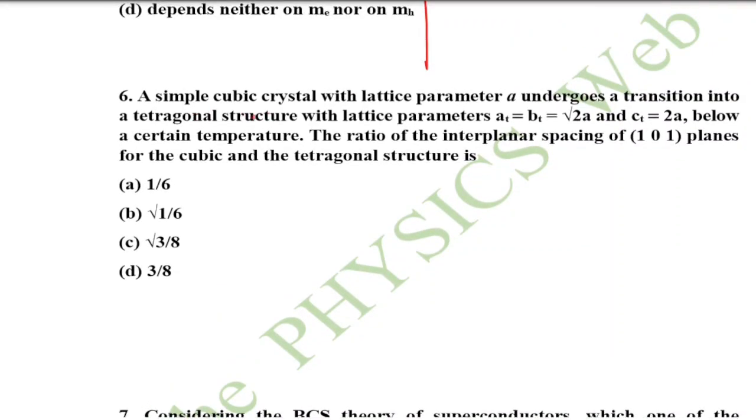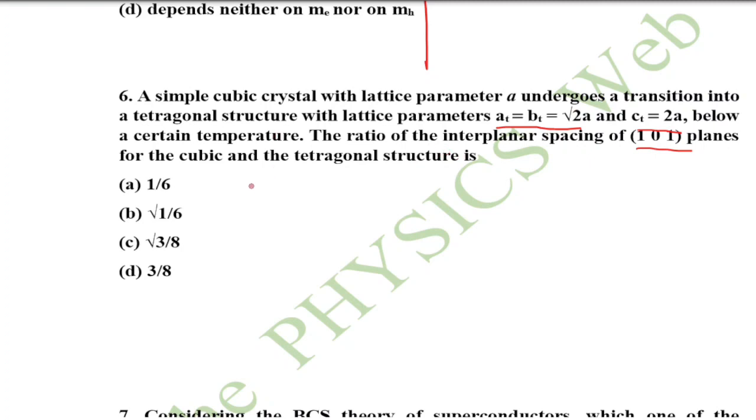Next, a simple cubic crystal with lattice parameter a undergoes a transition into a tetragonal structure with lattice parameters aT equals bT equals √2a and cT equals 2a below a certain temperature. The ratio of the interplanar spacing of 101 planes for the cubic and the tetragonal structure is.